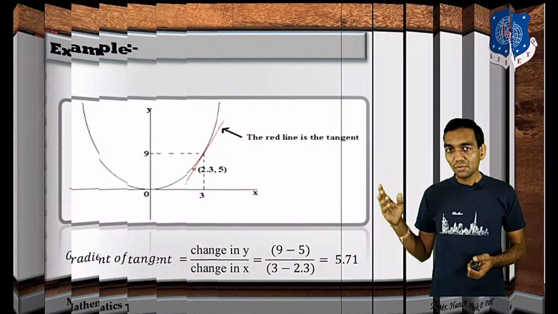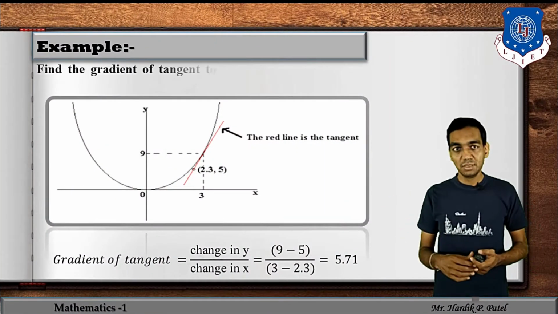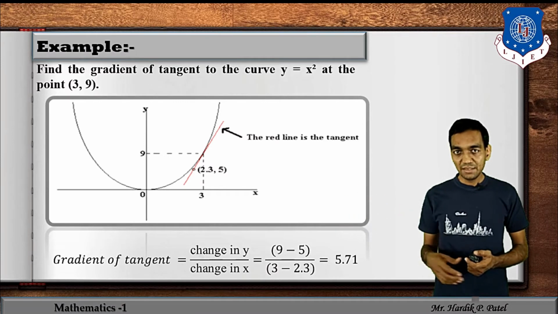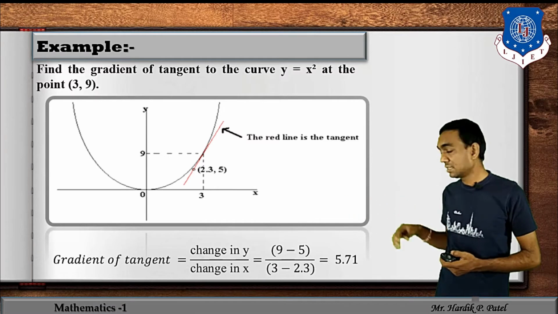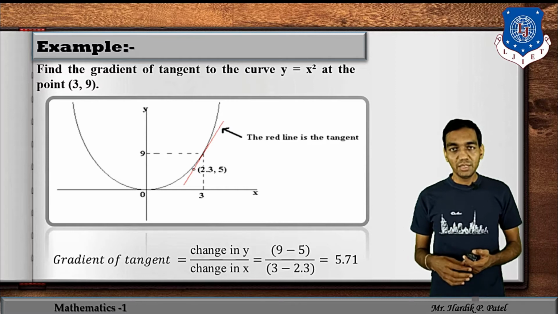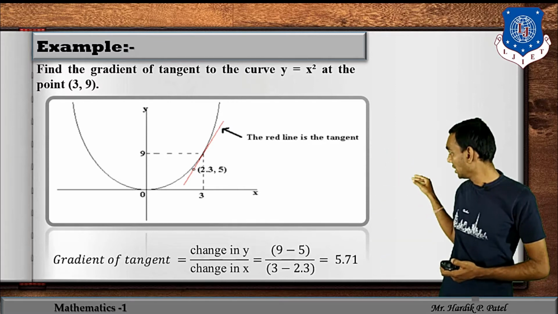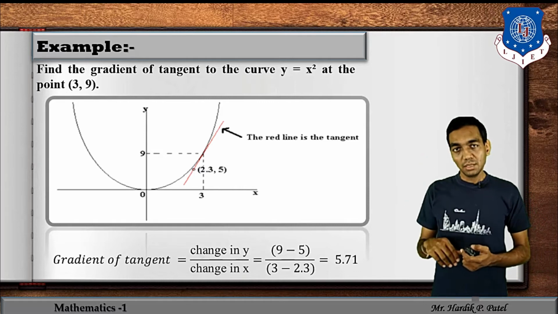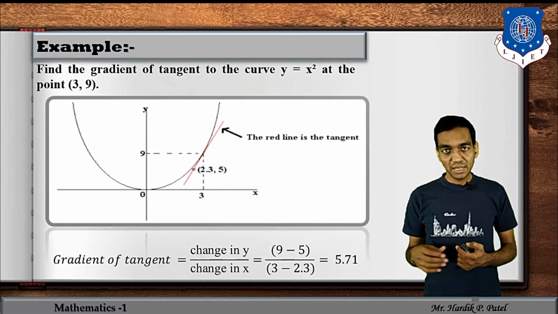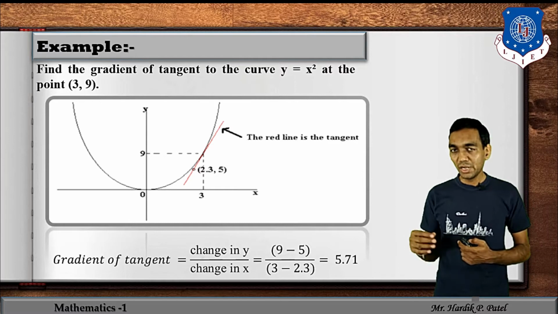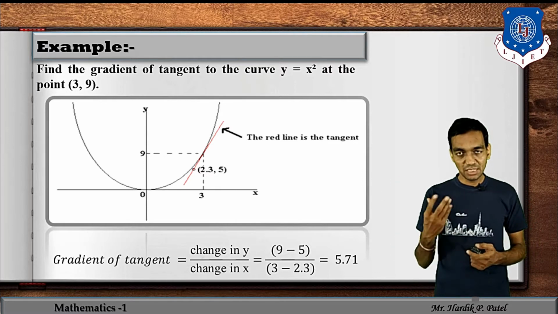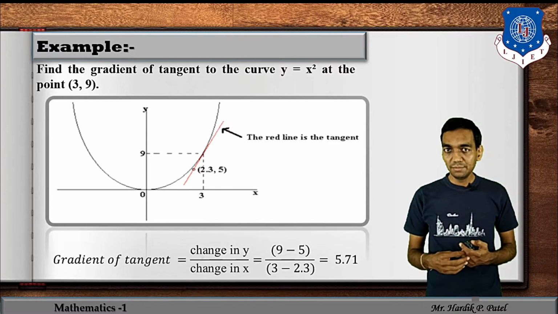So we are starting with an example. Find the gradient of the tangent to the curve y is equal to x square at the point 3, 9. Now see, y is equal to x square is a parabola along the positive y-axis, and the point 3, 9 satisfies your parabola.